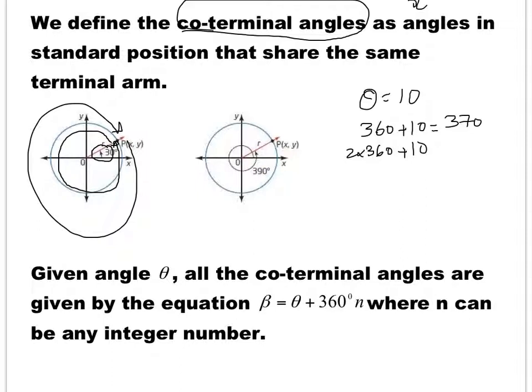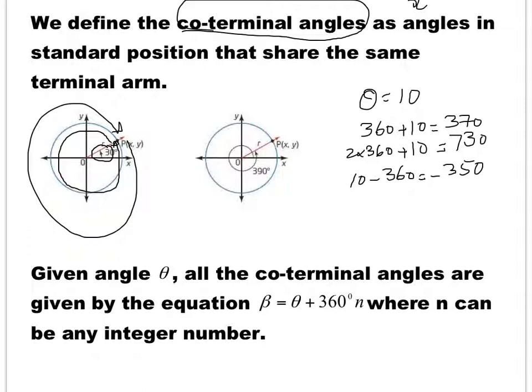So I'm going to get 730. At the same time, I can go clockwise, meaning I subtract 360. So I can have 10 minus 360, which is negative 350. And so forth. I can come up with an infinite number of coterminal angles here.